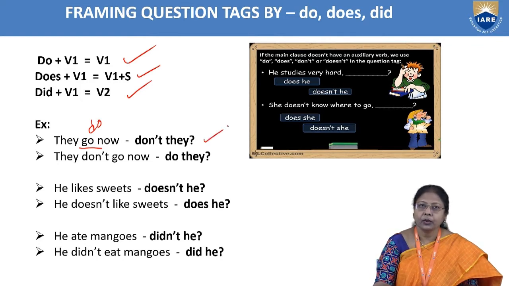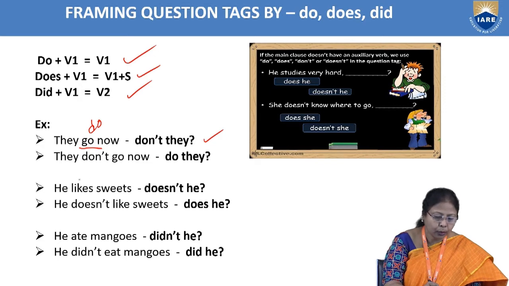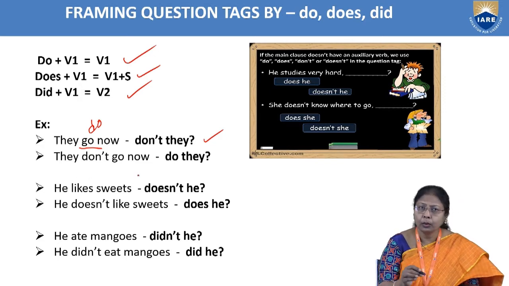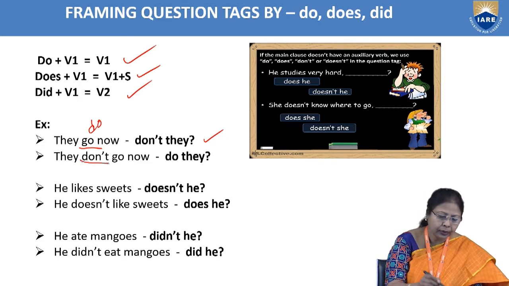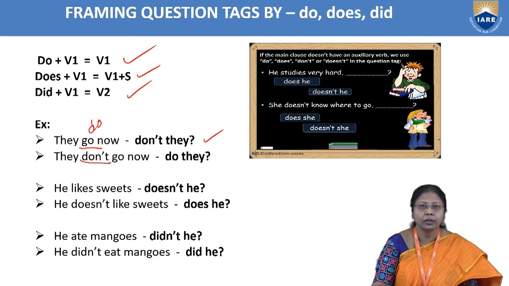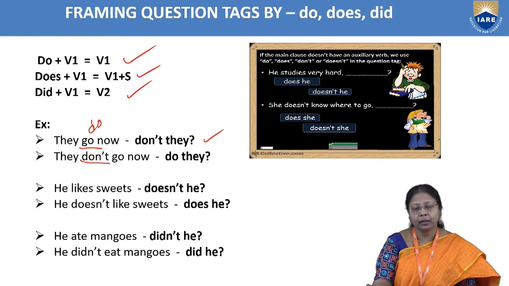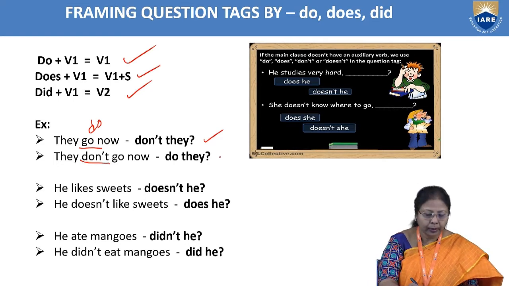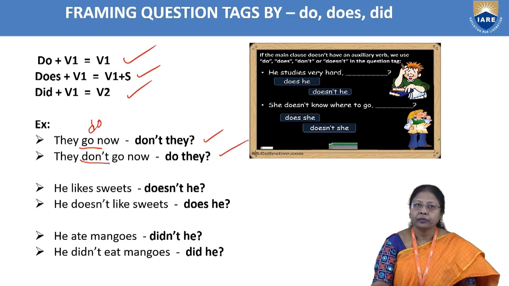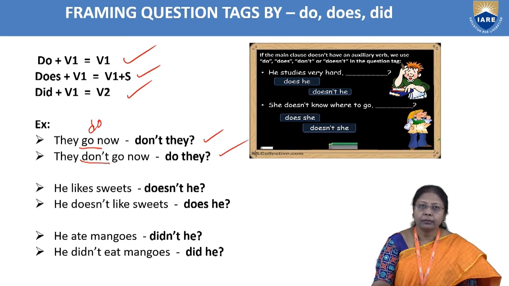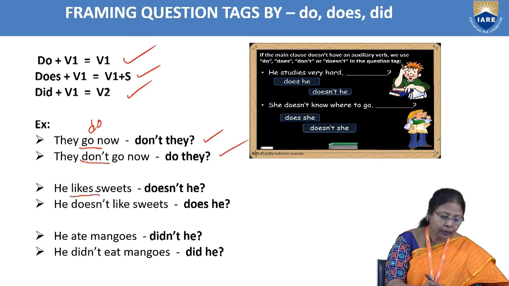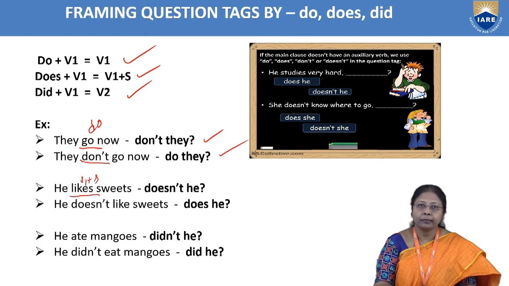The next sentence is, they don't go now. Here we directly got an auxiliary verb, don't, which makes it a negative sentence. So we have to take a positive question tag, do they. She likes sweets. Likes: like is V1 plus S. She likes sweets.